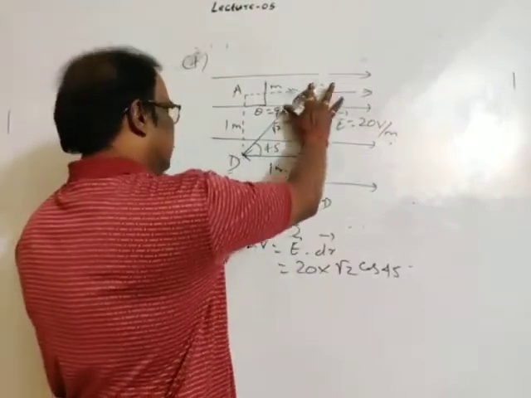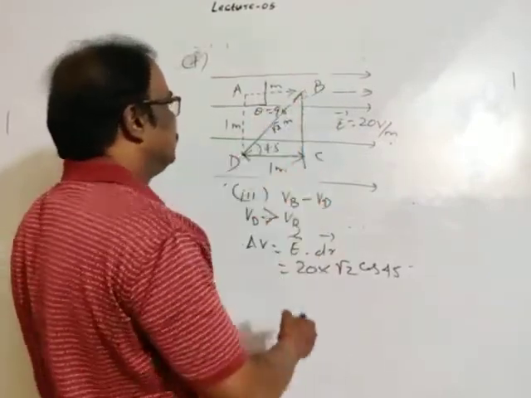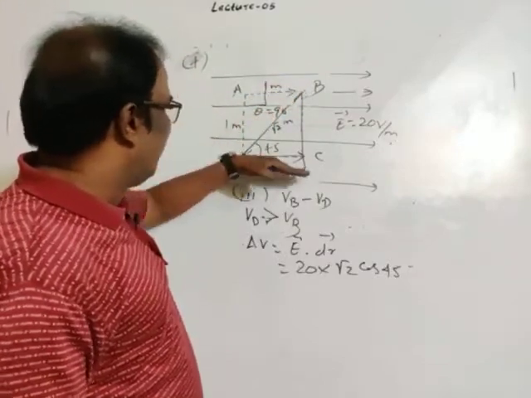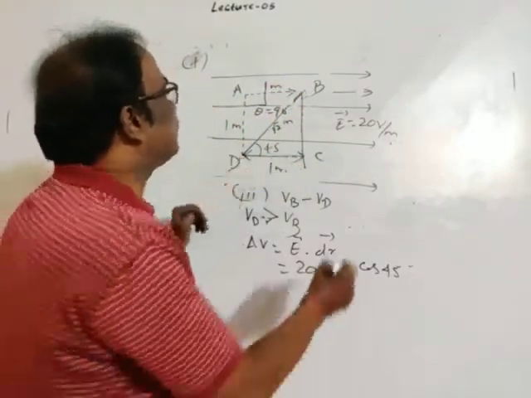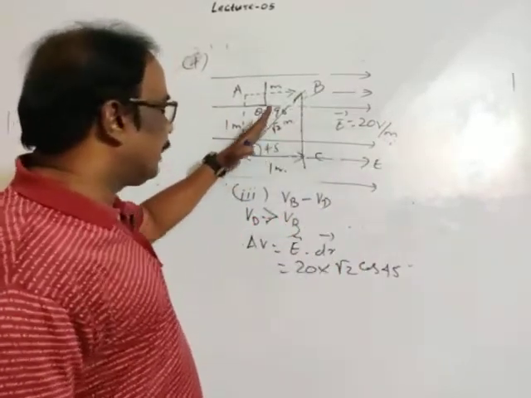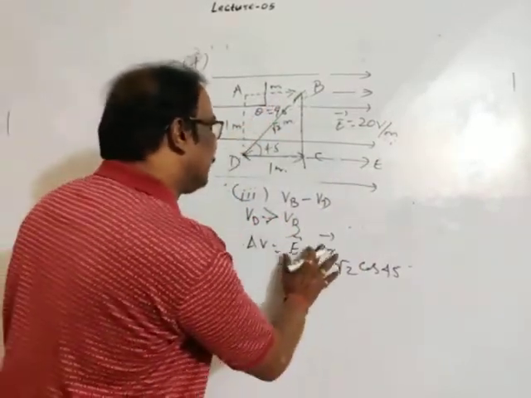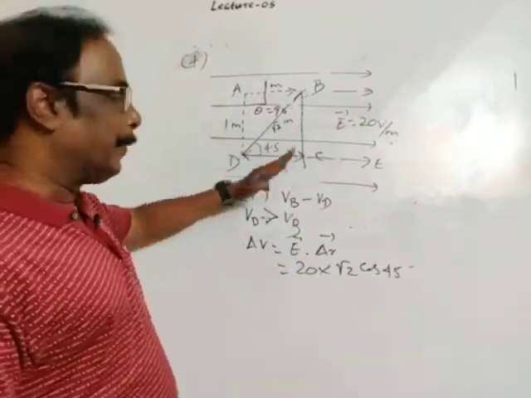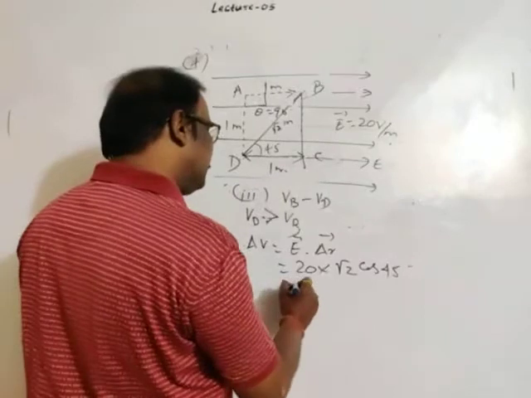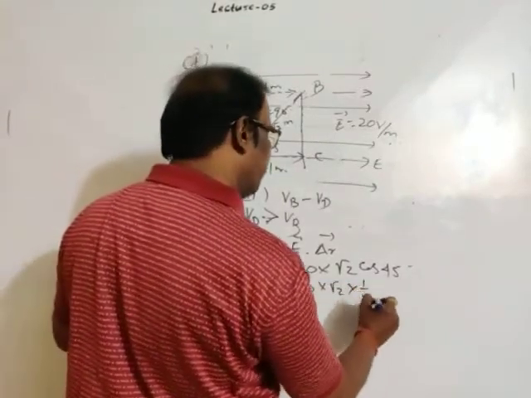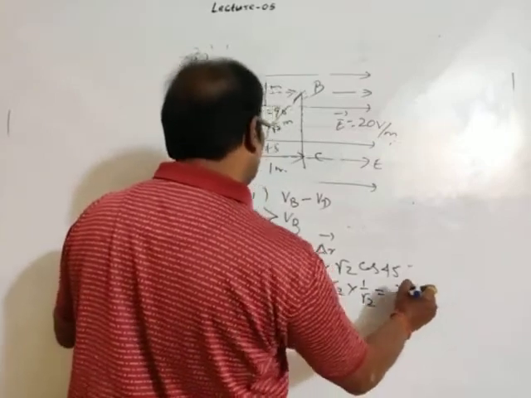Sorry, this is B. The angle between BD and DC, which is the direction of the electric field; the angle between the displacement delta R and the electric field is 45 degrees. Then it equals 20 into root 2 into cos 45, which is 1 over root 2, that equals 20 volt.